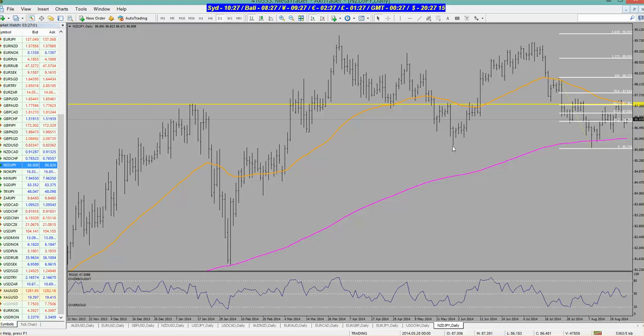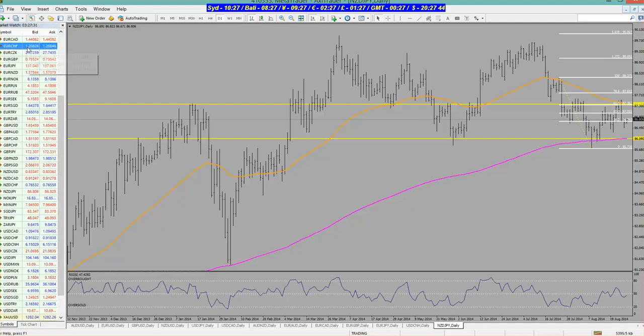Like the euro yen, there would be an argument about the support line down here somewhere. But unlike the euro yen, it didn't get overbought. I don't know how much of a difference that will make, but it's worth noting that.